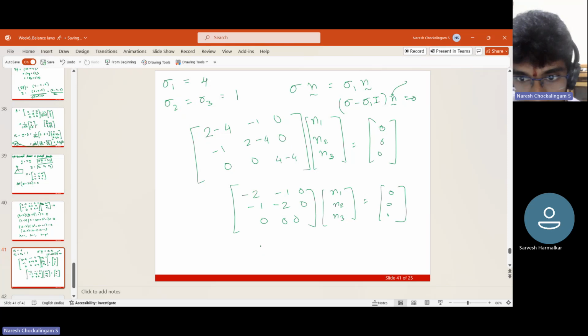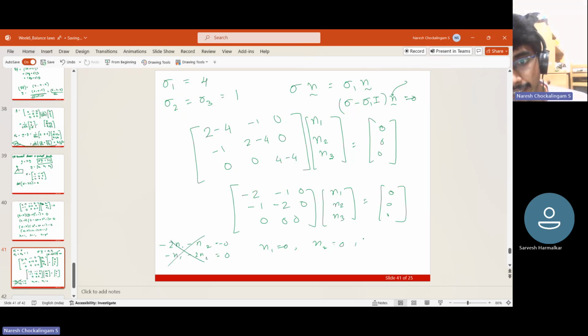From the first two equations, we get n1 equal to 0, n2 equal to 0, right? One equation is minus 2 n1 minus n2 equal to 0, and the other equation is minus n1 minus 2 n2 equal to 0. These two sets of coefficients are not proportional to each other. Therefore, the only solution is n1 equal to n2 equal to 0, and n3 can be arbitrary.